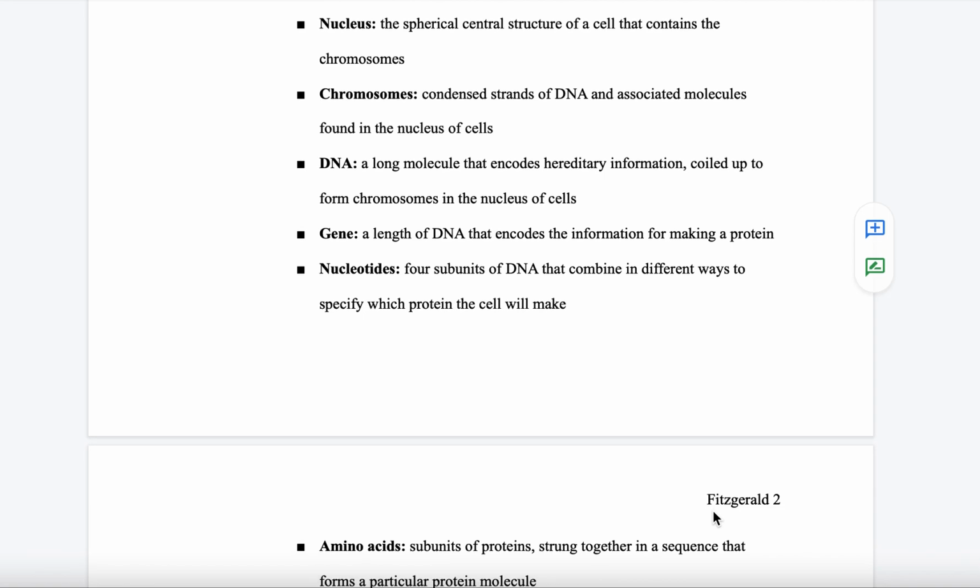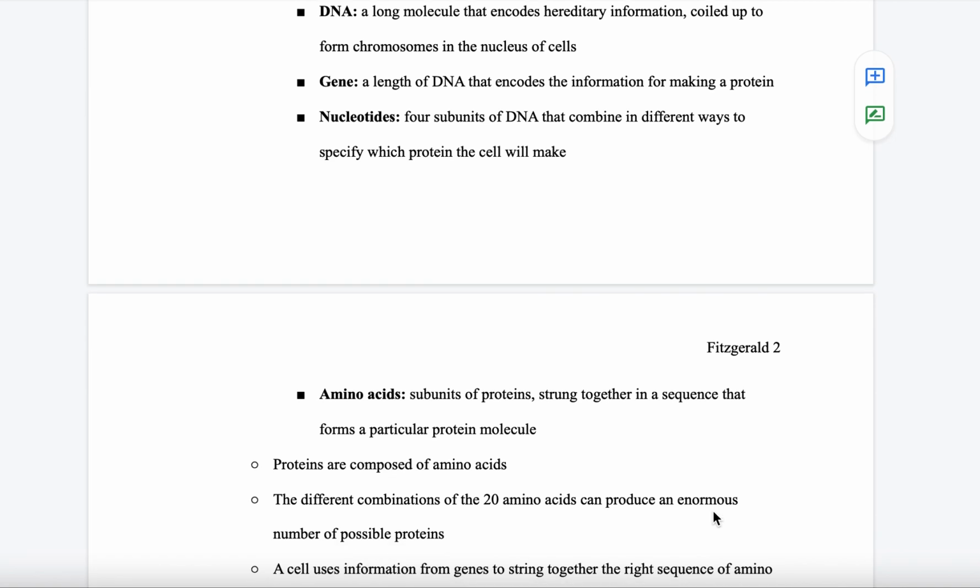And then you have the nucleus, which is the spherical central structure of a cell that contains the chromosomes. Chromosomes are condensed strands of DNA and associated molecules found in the nucleus of the cell. DNA is a long molecule that encodes hereditary information, and it's coiled up to form chromosomes in the nucleus of cells.